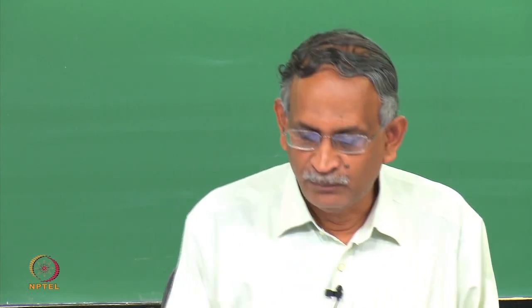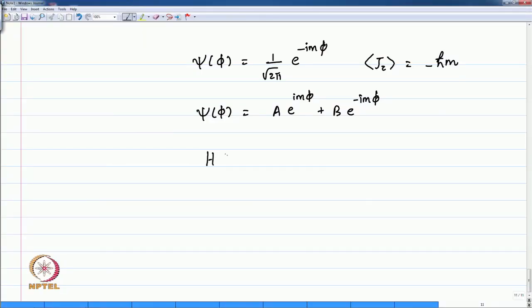The Jz is not a fixed quantity. Please remember, when you wrote the kinetic energy, H of psi of phi was minus h bar square by 2 I d square by d phi square psi, and you wrote this as E psi.